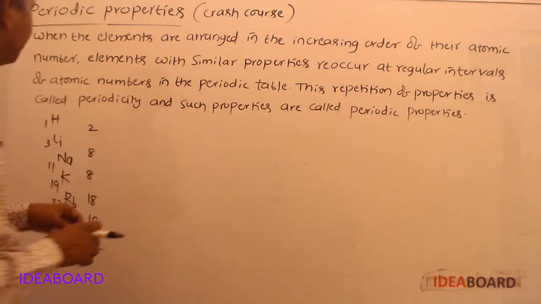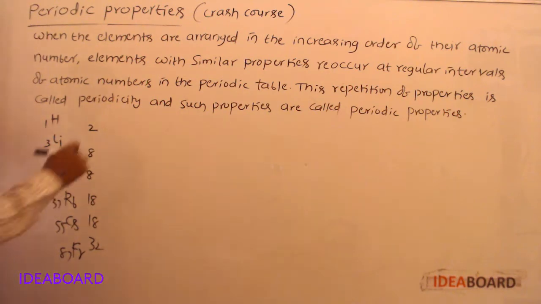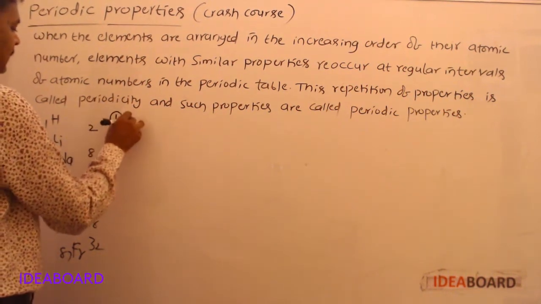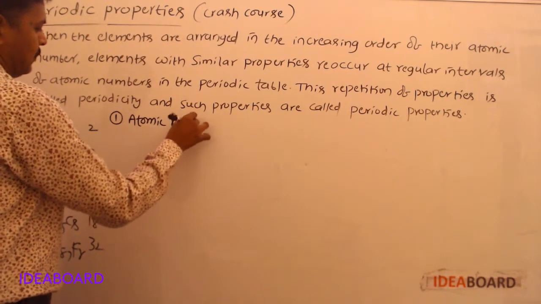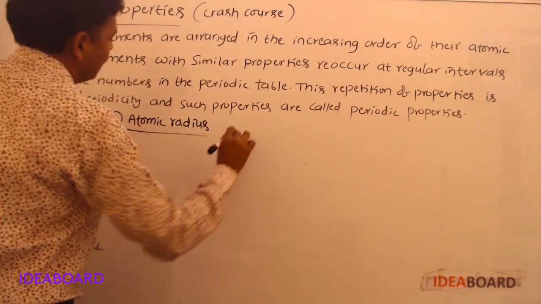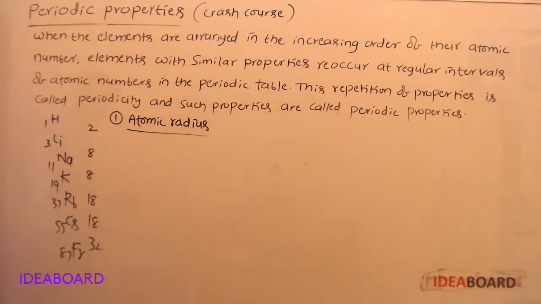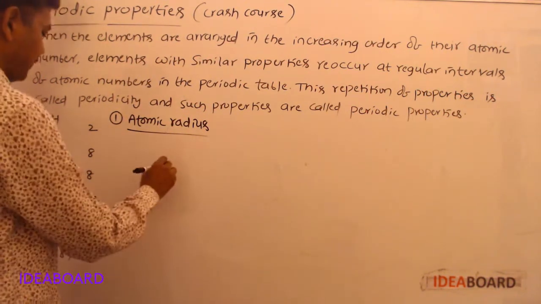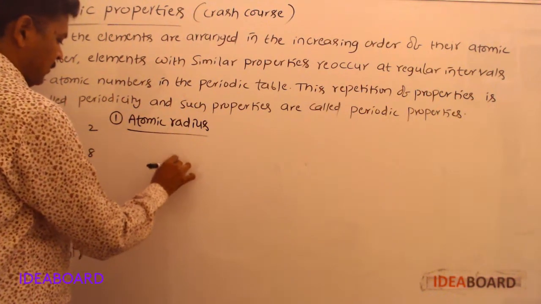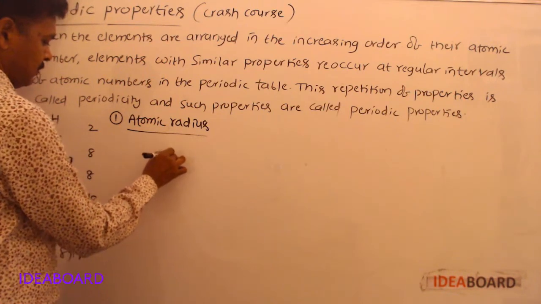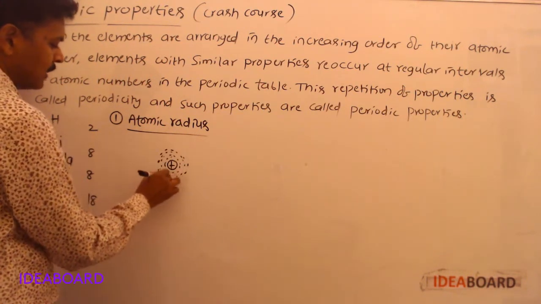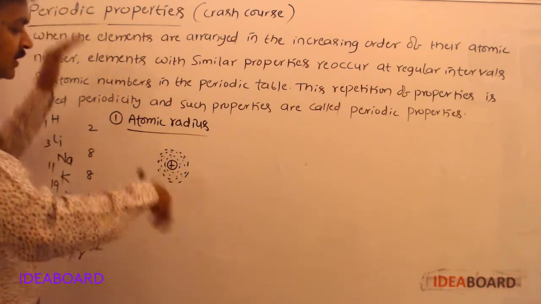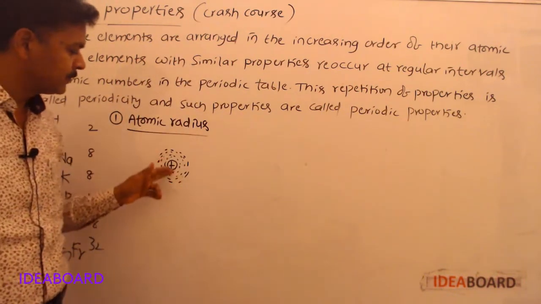In that periodic properties, first one is atomic radius. Atomic radius means, this is electron clouds. Electron cloud is distributed infinite distance from the nucleus.